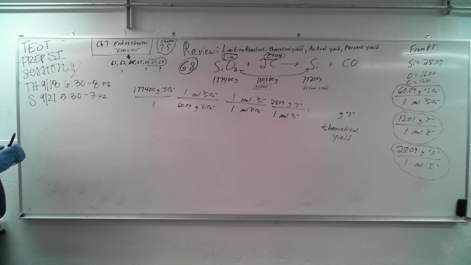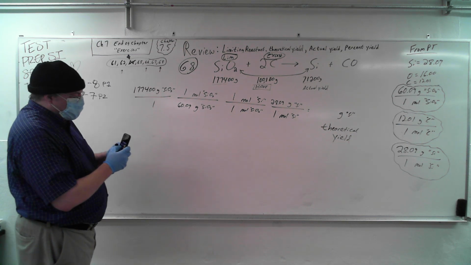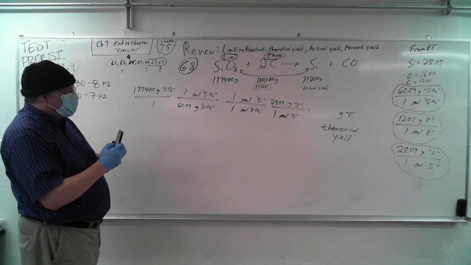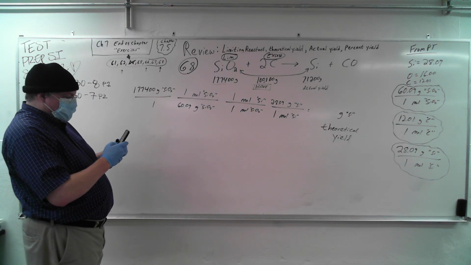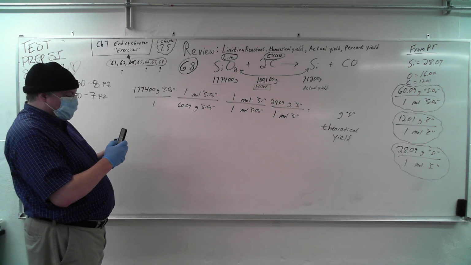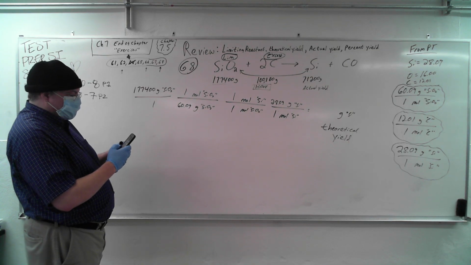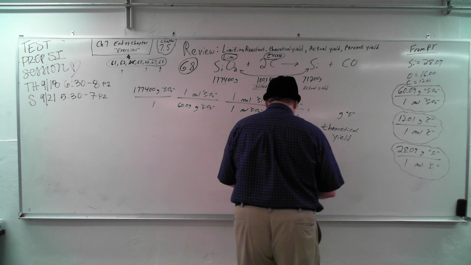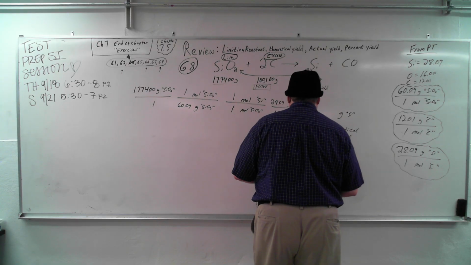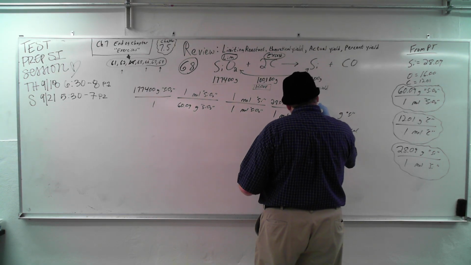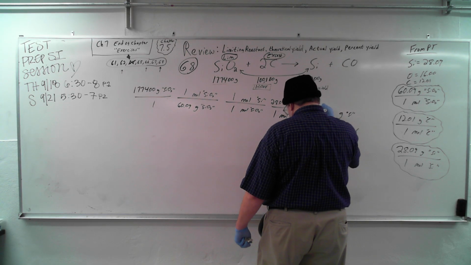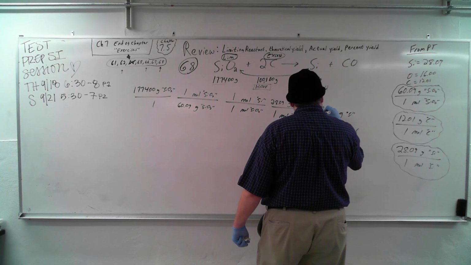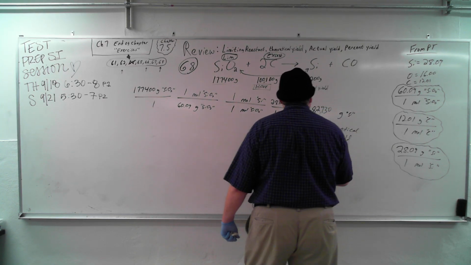177,400 times 28.09 divided by 60.09 equals, I get, if I'm doing 4 significant figures, 82,000 and some.